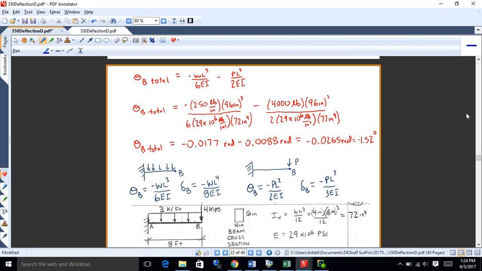Okay, so that works out to be negative 0.0265 radians, which is about negative 1.52 degrees.